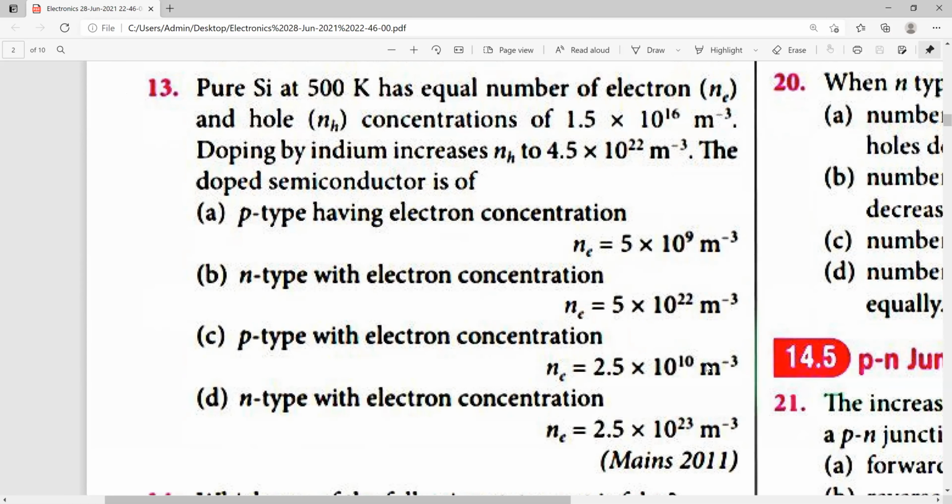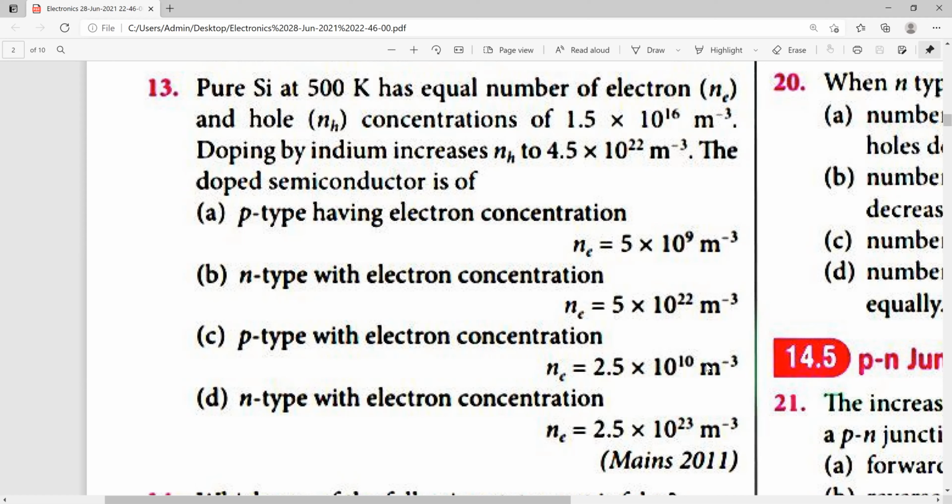Thirteenth one: pure silicon at 500 K has an equal number of electrons and holes of concentration 1.5 × 10^16 per meter cube. Doping by indium increases the number of holes to 4.5 × 10^22 per meter cube. The doped semiconductor is of P-type having electron concentration n equal to 5 × 10^9.